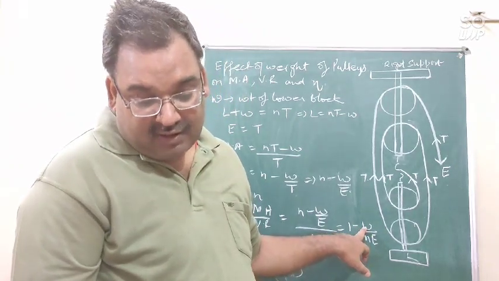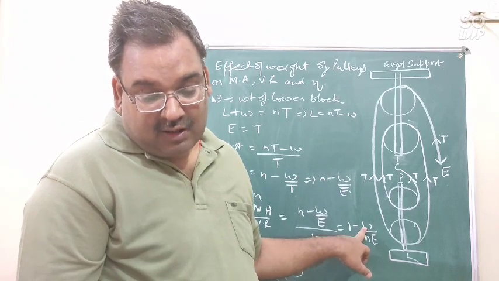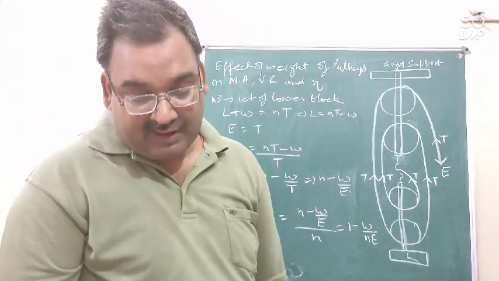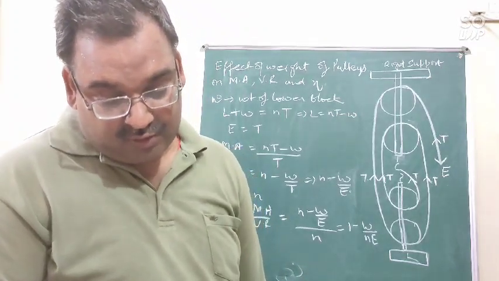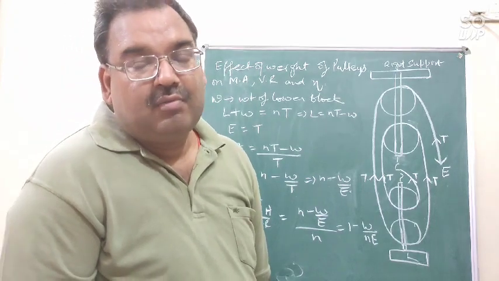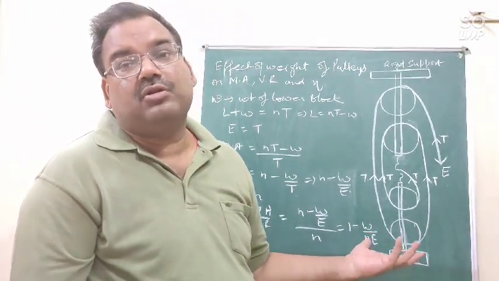If we take the pulleys of negligible mass, then only the efficiency will be close to 100%, or the number of pulleys is very large. But if we take more number of pulleys, naturally the weight will also increase.